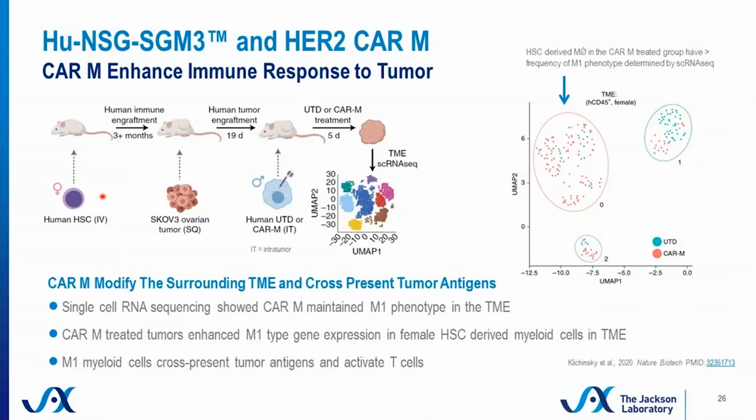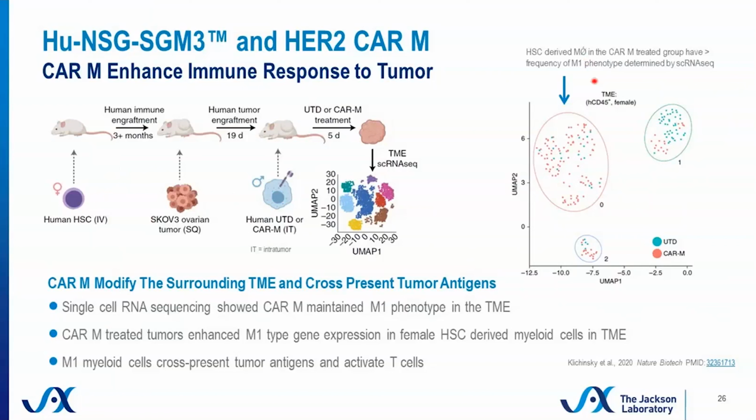Now, the difference of male versus female would allow them, once these tumors had grown for about 5 days, to isolate these tumors and do single-cell RNA-seq to tell the difference between the hematopoietically derived and the CAR-derived myeloid cells, and also look at those immune phenotypes, whether they're M1, M2, et cetera.